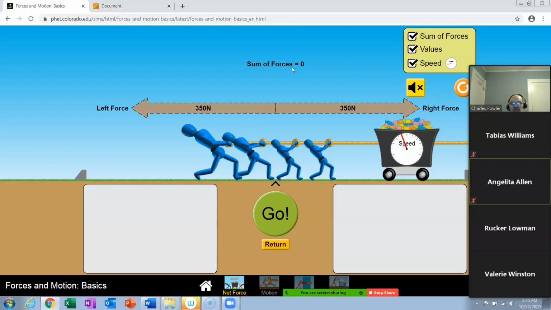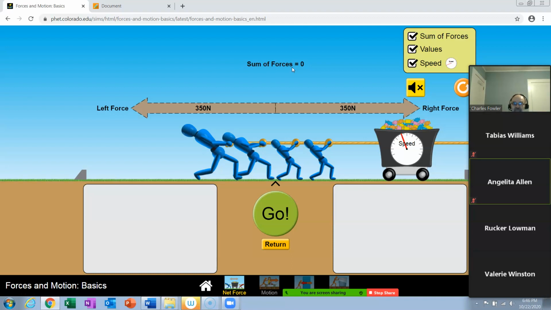If the initial speed was to the right, but the sum of forces is to the left, what's that speed going to do? Slow down, stop, and then start increasing to the left. Isn't that where we had it? Yeah, increasing to the left. You're absolutely right.